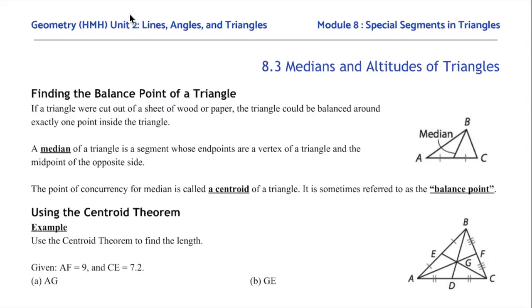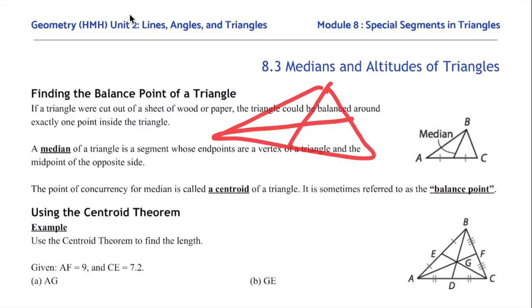There's a point at which, if you have a triangle like this, maybe this point right there, that would be a balance point. If you put a pencil over this, it should be able to balance as long as you found this point exactly as you're supposed to, right?